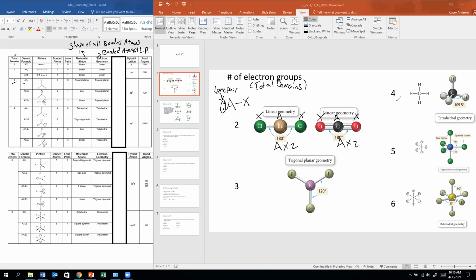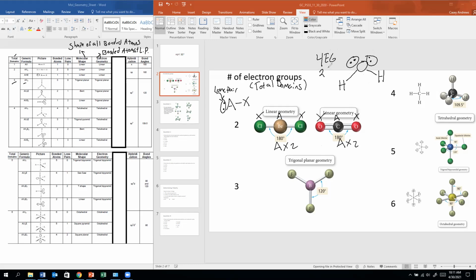Here is AX4, tetrahedral. And for AX4, let me actually draw a molecule that people will probably be familiar with, and that's water. So this is water, right? Water also has 4 electron groups.